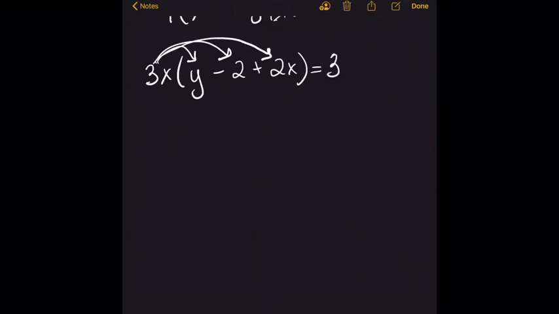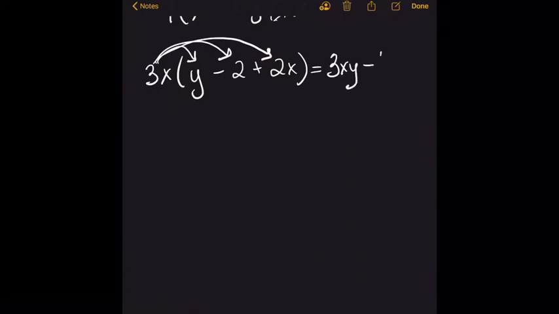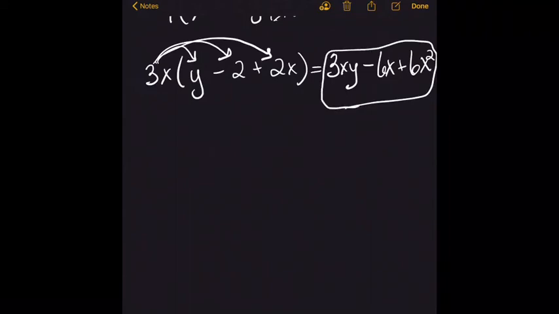So we get 3xy minus 6x, because that's negative 2, plus 6, 3 times 2 is 6, and x times x is x squared. So there's our answer for that one. Okay, there's 3 more for y'all to do on your own.